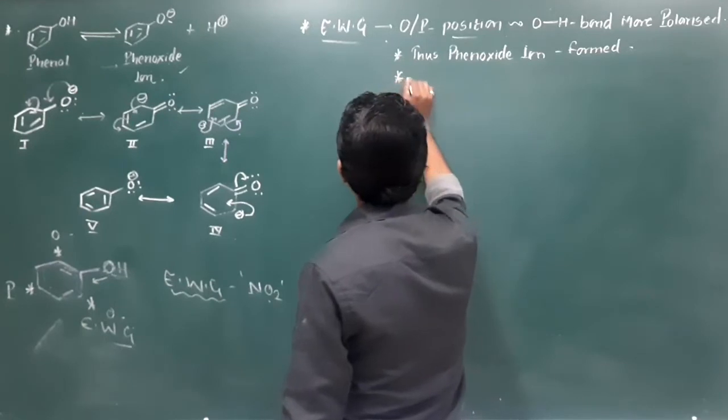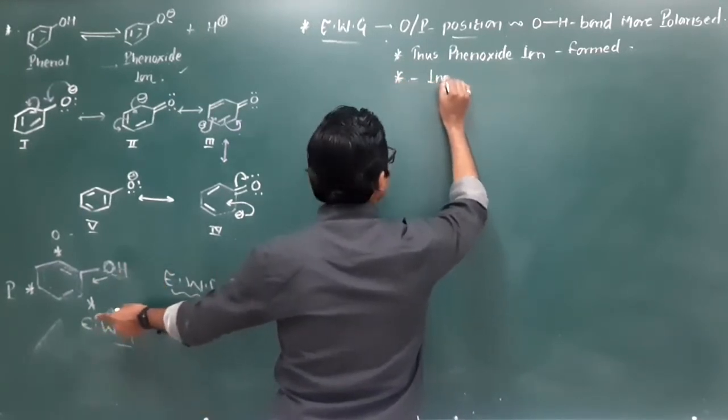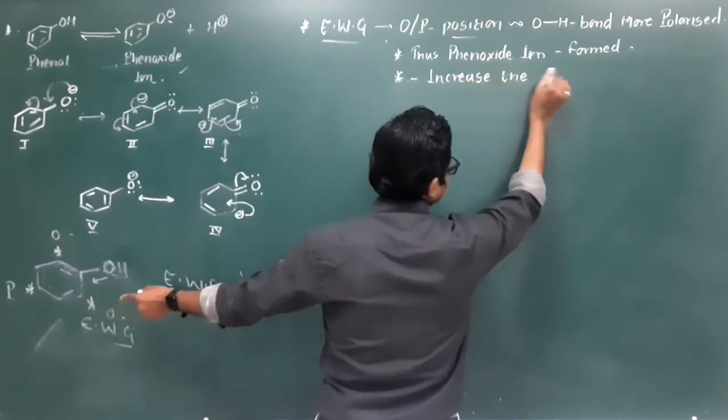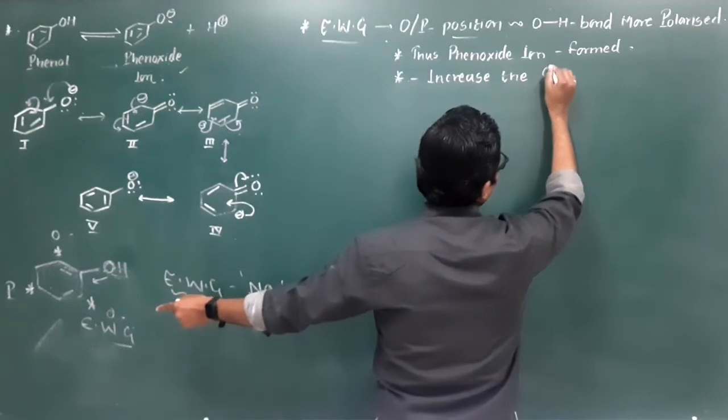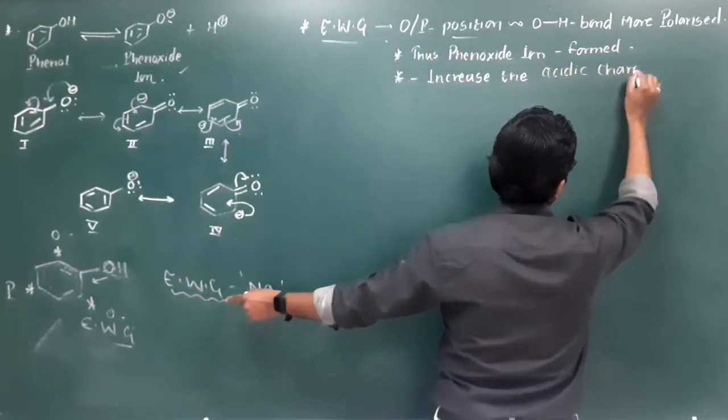Thereby, any electron withdrawing group attached either to the ortho or para position is going to increase the acidic character.